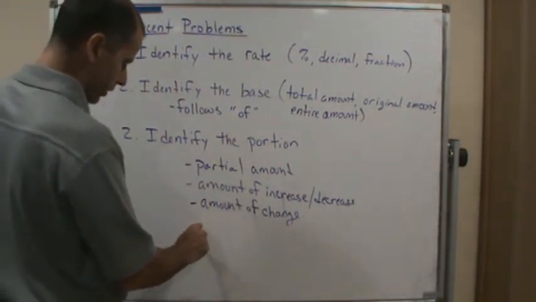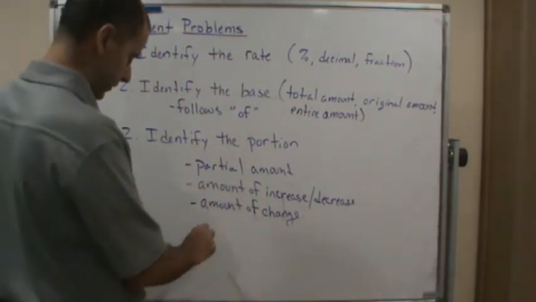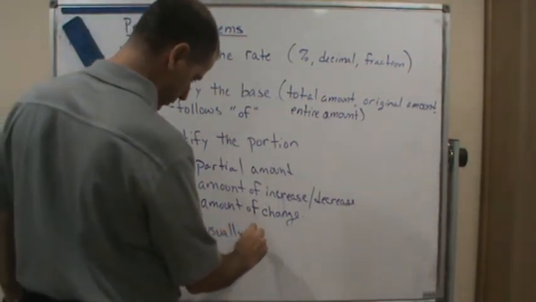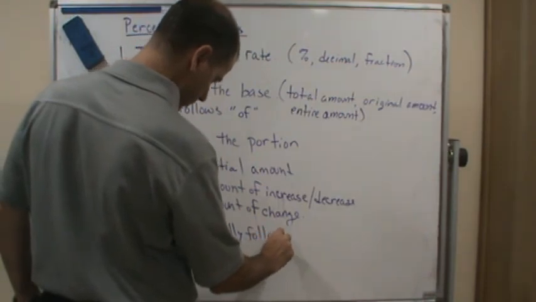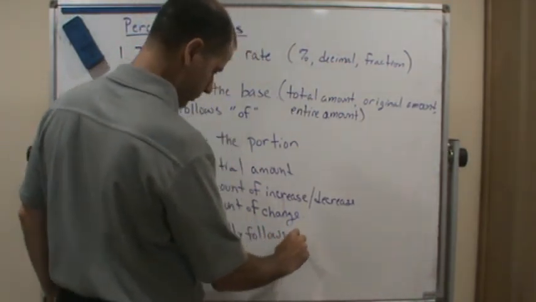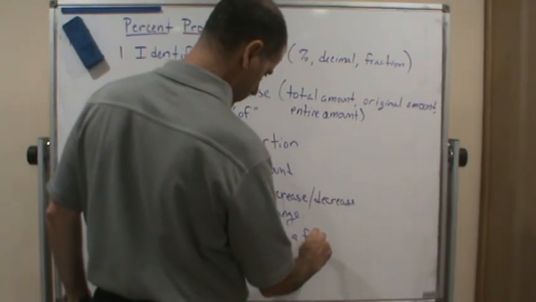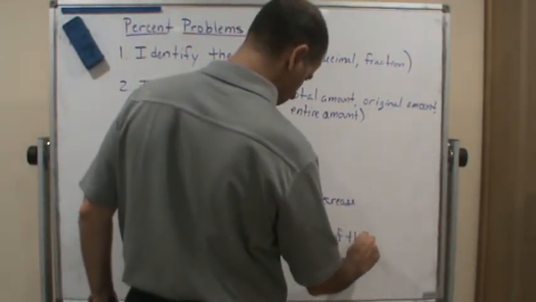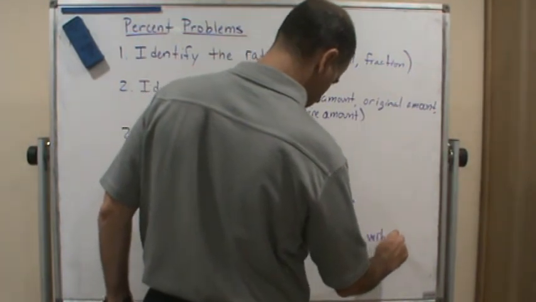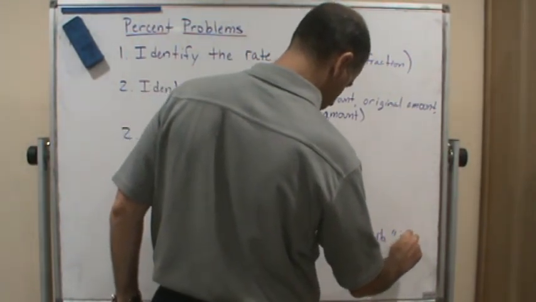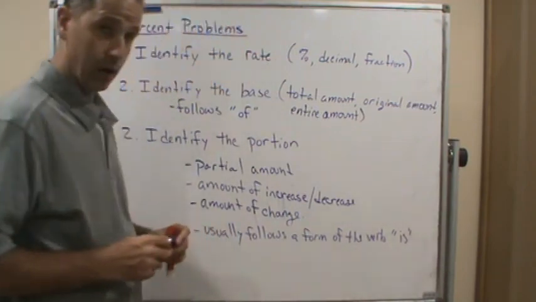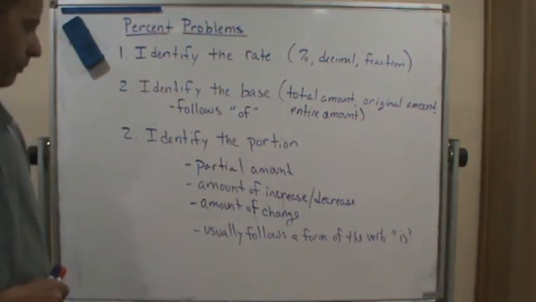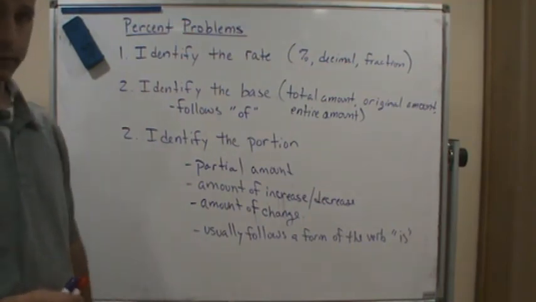It usually follows some form of the verb is. So it could be are, was, some form of the verb is.